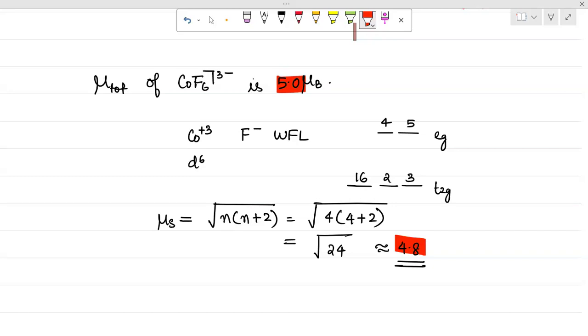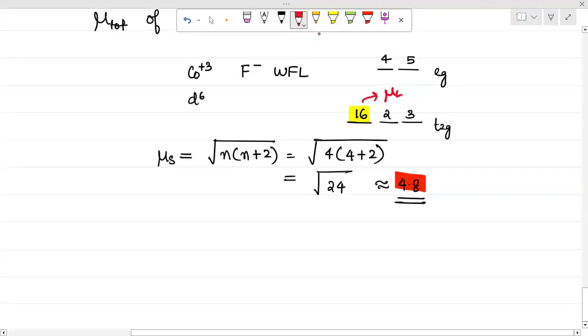That was not the question; the question was entirely different. But I'm just saying that over here, the elevated value of the total magnetic moment is because you have some sort of unsymmetry in t2g. As a result, there is some sort of orbital contribution.